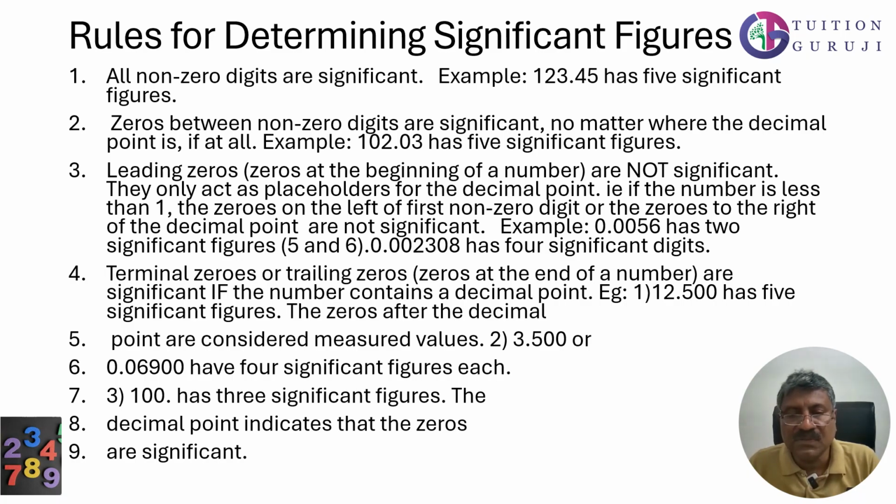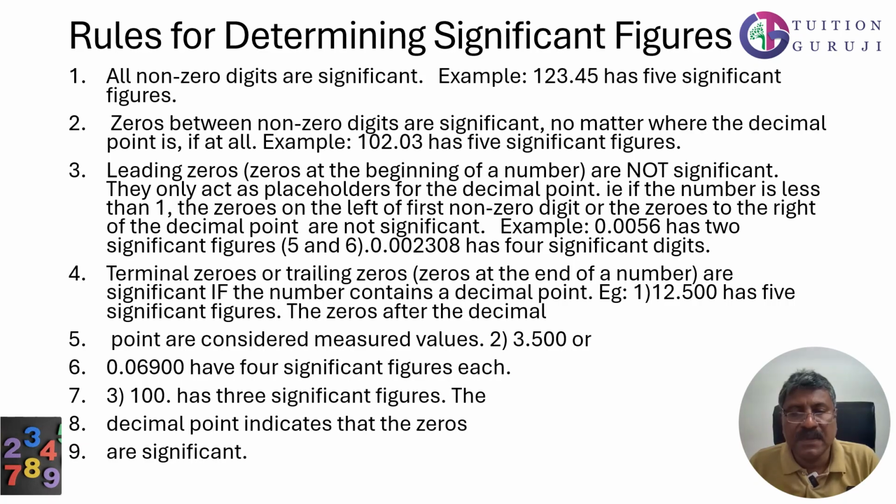Terminal zeros or trailing zeros at the end of the number are significant if the number contains a decimal point. For example, 12.500 has 5 significant figures. The zeros after the decimal are also considered here.